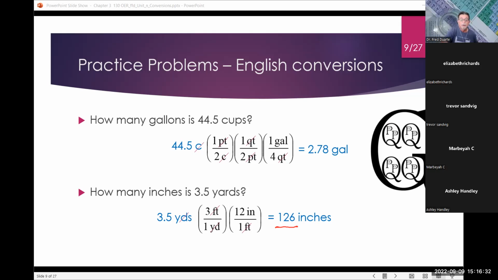No, it should be, Jonah, you're correct. It should be 130. I see what you said, 2 sig figs, my correction.